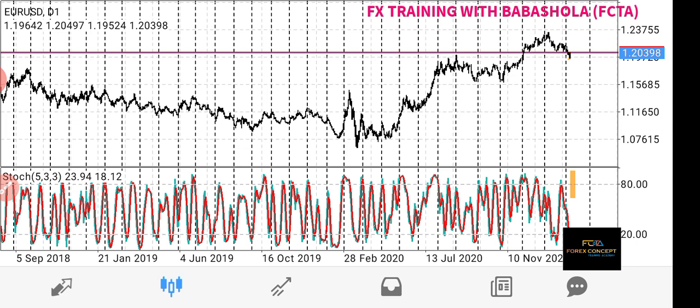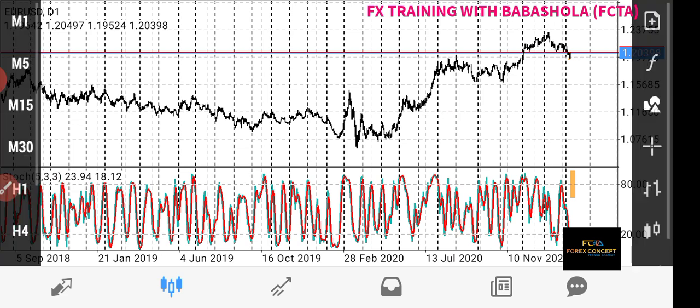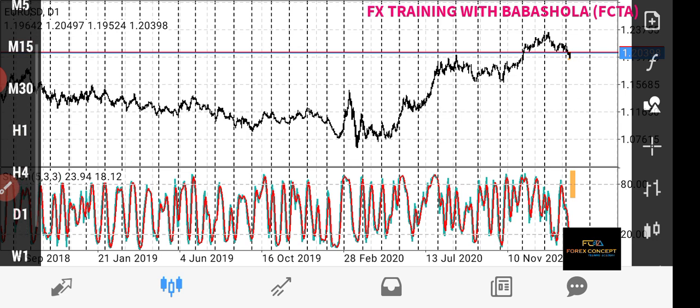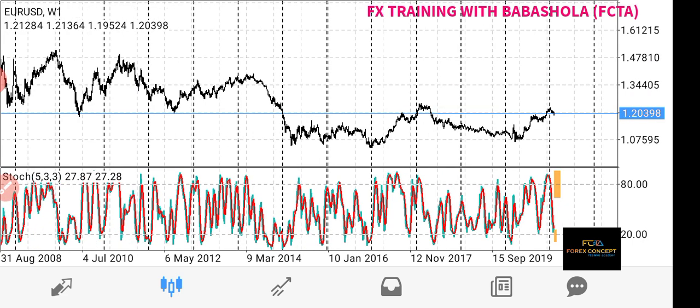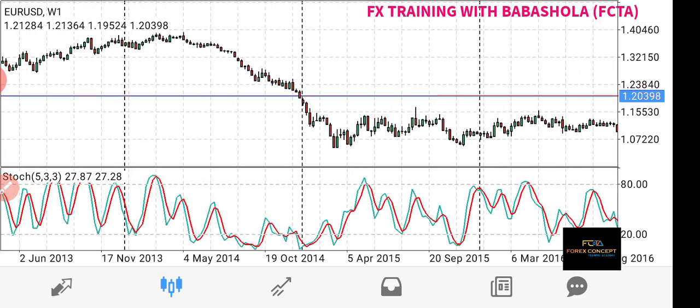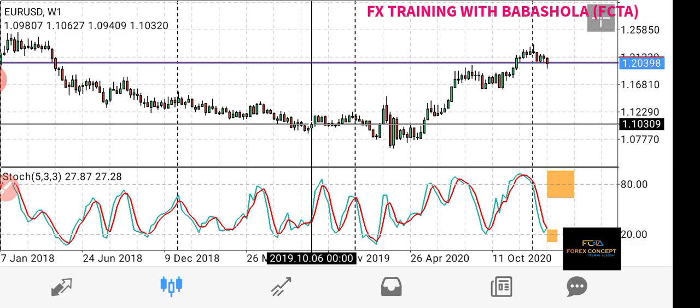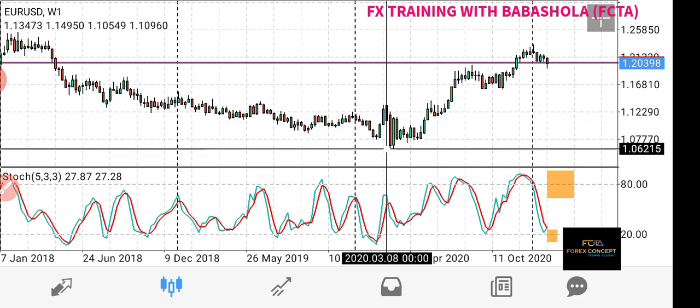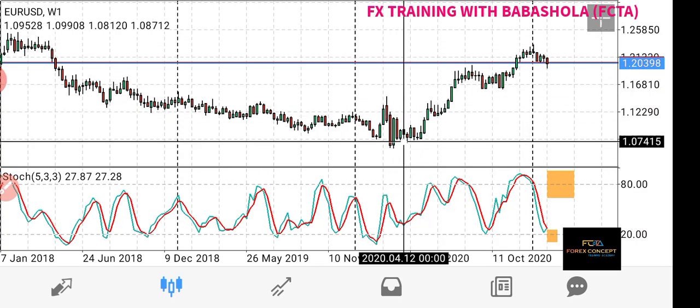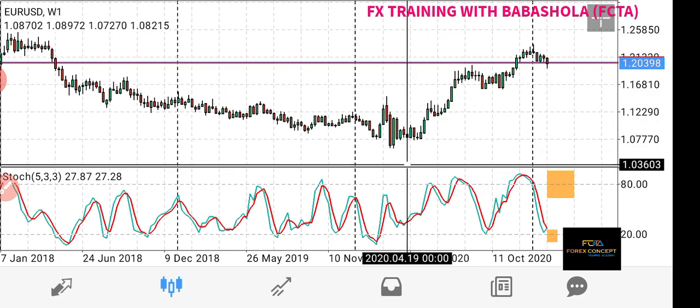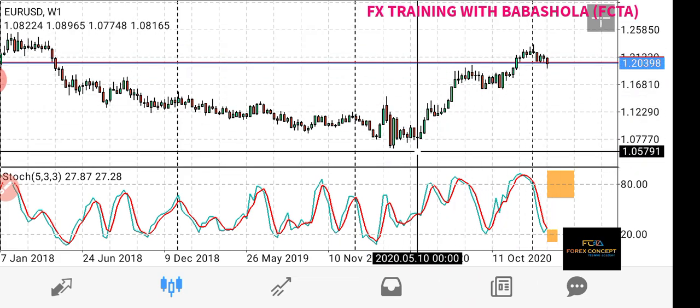We have a very tricky trade, and I will start with the weekly analysis. On the weekly chart, we can see that between November 2019 and April 2020, price was ranging at this point, and then price broke up and started forming an uptrend.